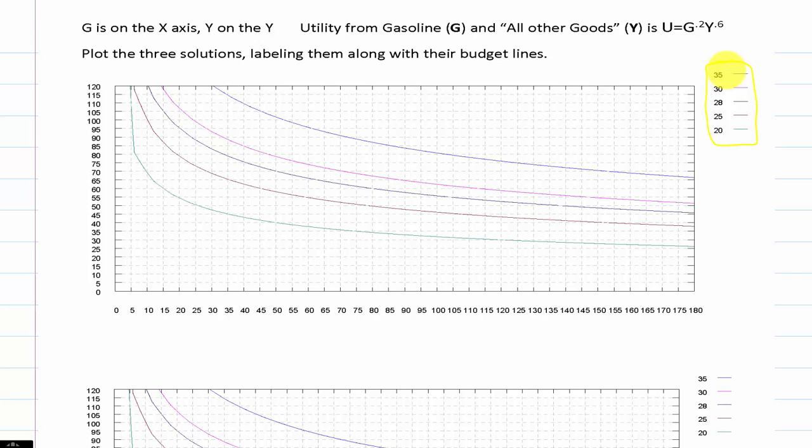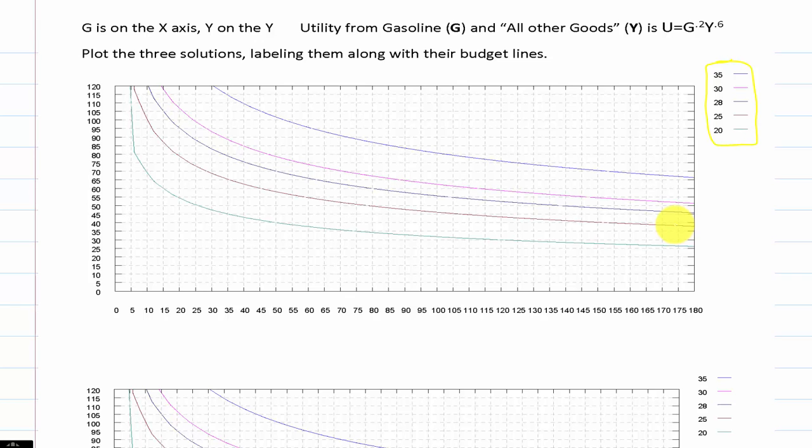Our two solutions so far should be pretty close to the 28, which is the one in the middle, the dark blue, and the brown one, the 25, since our second amount of utility is a little bit higher than 25 utils.